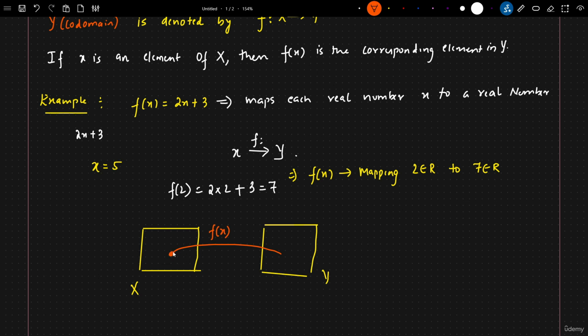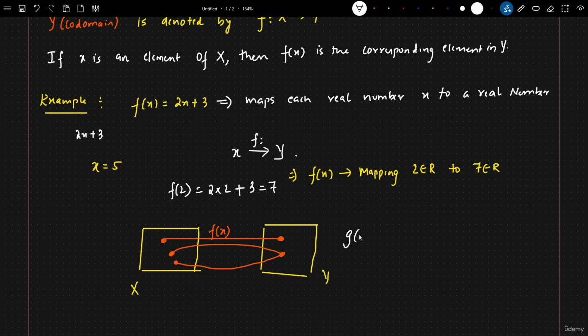Let's say this is 2, which gets converted to 7 after we apply this. There may be another value here which gets mapped to some other value. Similarly, I may have another value which may get mapped to the same value. Obviously, in this equation that is not possible, because if the x value is different, we will get a different mapped value. This is how a specific function is denoted.